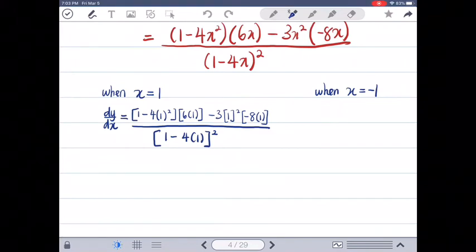And when you press your calculator, you will get 2 over 3.